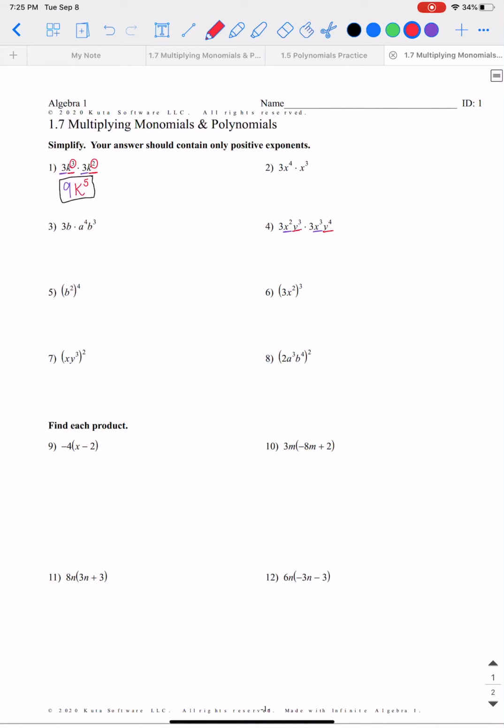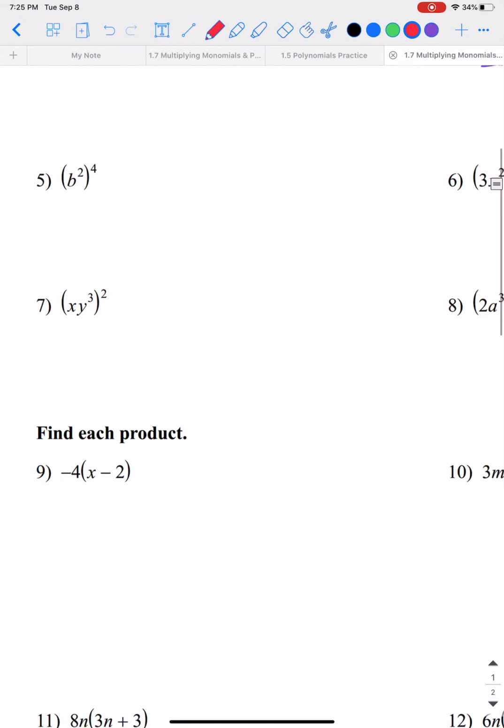Okay, and then numbers 5 through 7, this is reviewing our power to power rule. So remember when we're raising something to an exponent and then you raise that whole term to another exponent, this is when we would multiply those exponents together. So b squared raised to the 4th power would become b to the 2 times 4 power, which would give us 8.